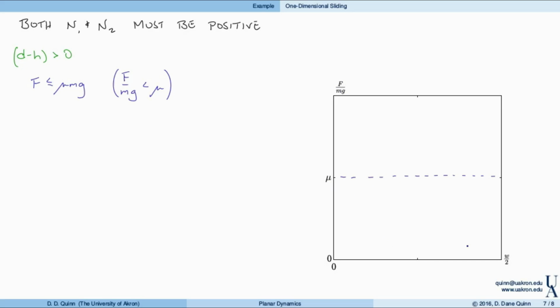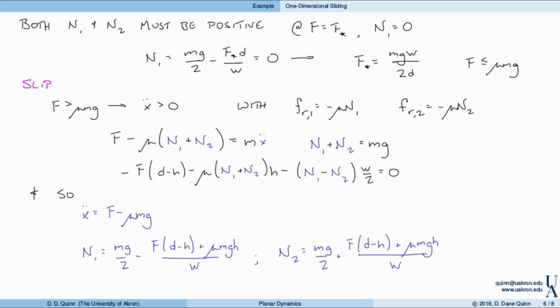So what happens in this region down here? Well, we have the possibility of stick, or the possibility of roll. Roll I'm defining as the block being stuck and then just rolling over. Remember that the critical condition for that was F star equals mg times w over 2 divided by d.